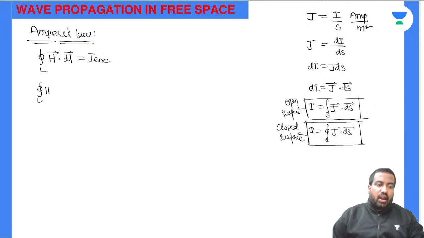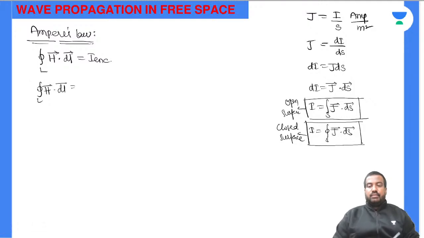Closed loop integral of H dot dl is equal to, now you tell me, closed surface or open surface? A closed line always has an open surface. Wonderful.